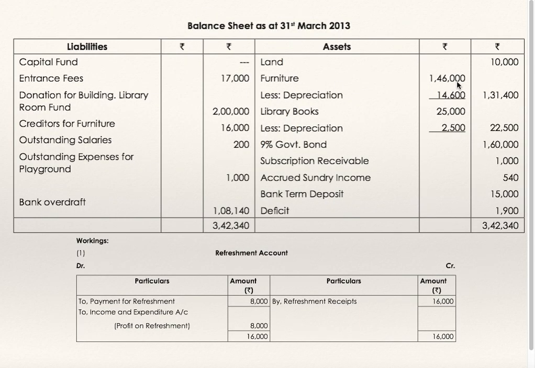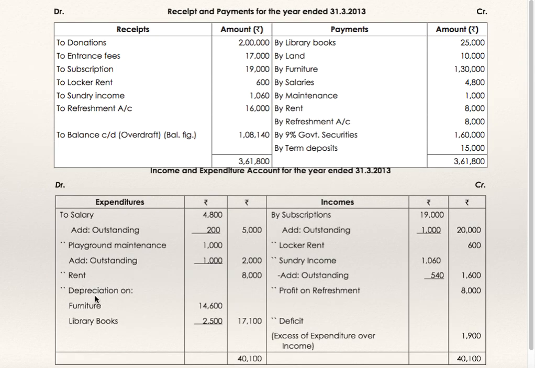Asset side furniture 1,46,000 less depreciation 10%. On the liability side, creditors for furniture 16,000. Now this depreciation will be shown on the expenditure side. Depreciation on furniture 14,600. Library books we have already seen.